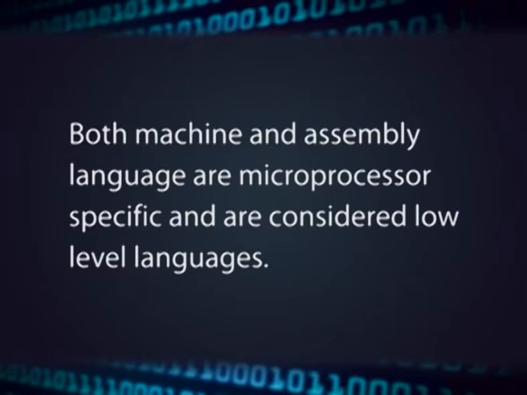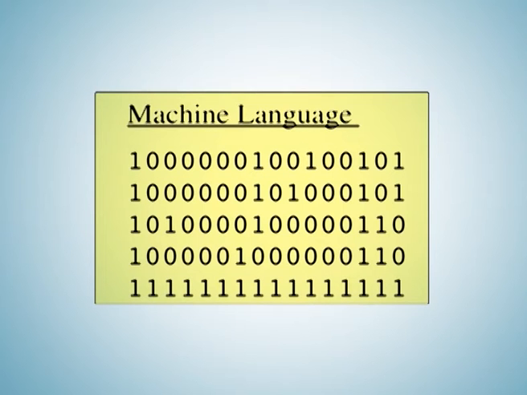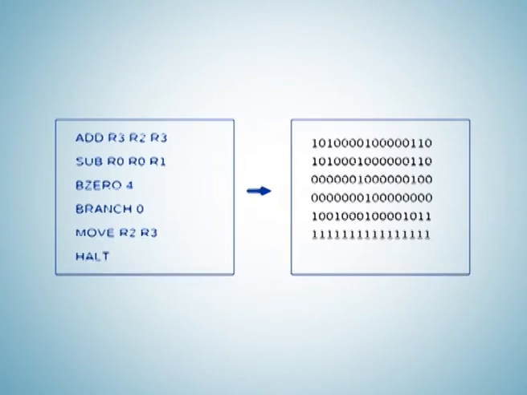Both machine and assembly language are microprocessor specific and are considered low level languages. The machine level language consists of binary patterns of instructions, data and addresses. The CPU only understands binary patterns. Therefore, a program written using mnemonics must be translated into machine code.